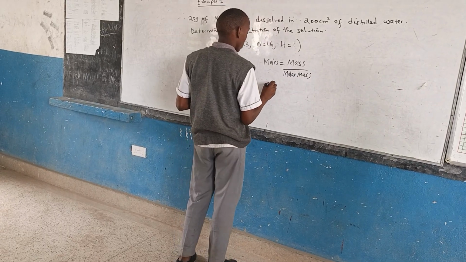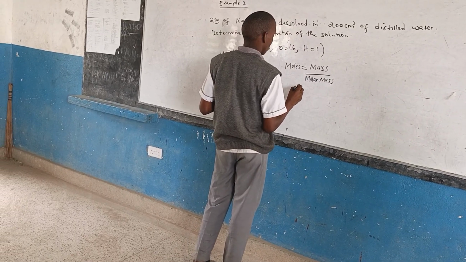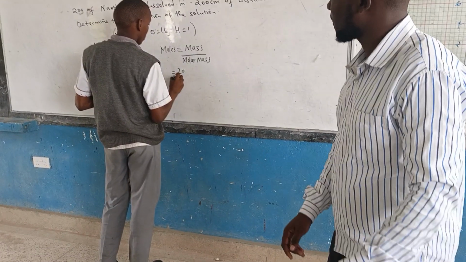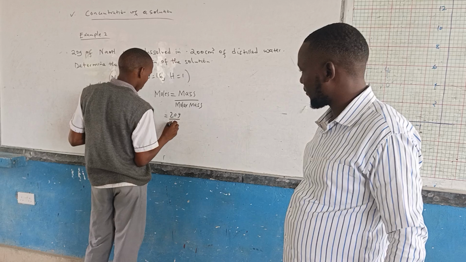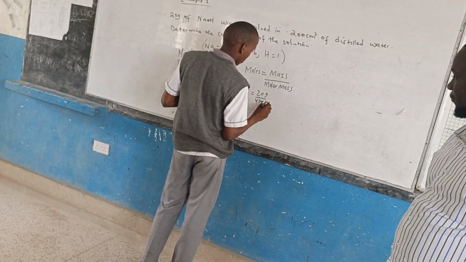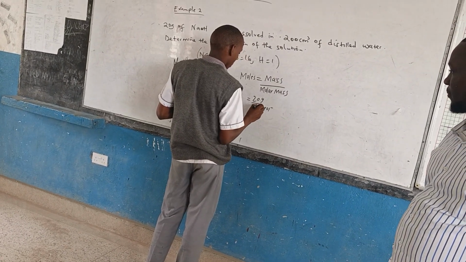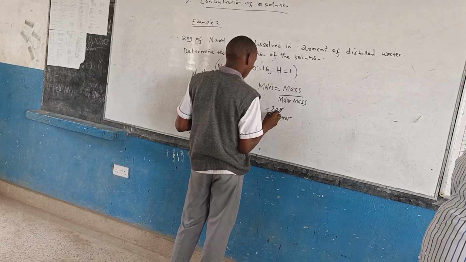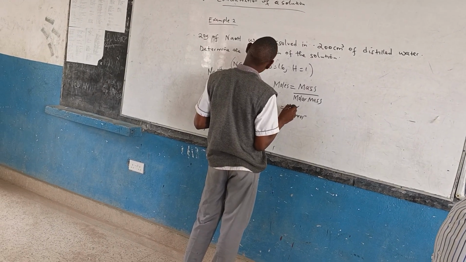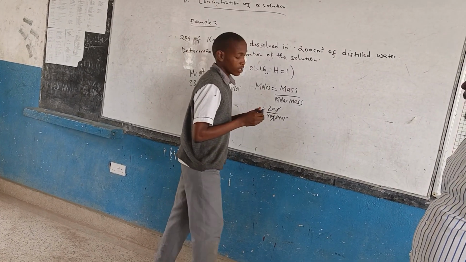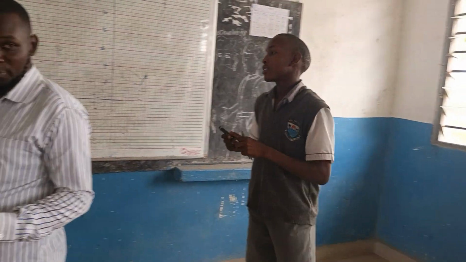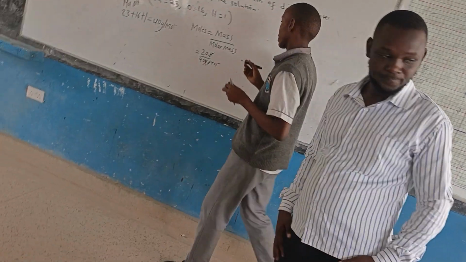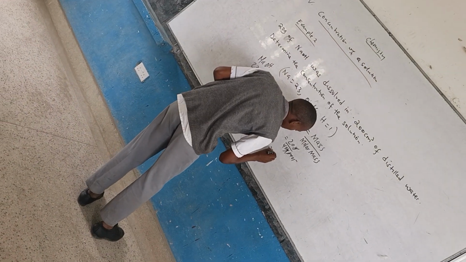Moles is equal to mass over molar mass. Very nice. 20 grams. I think 0.5. Sure. 0.5.